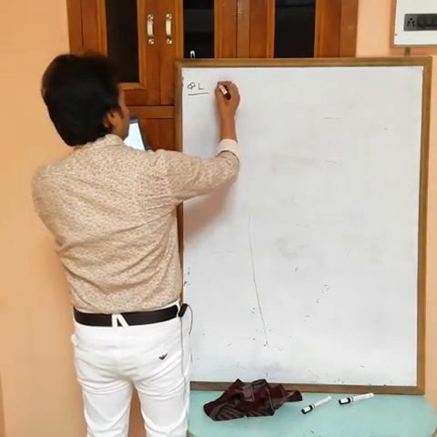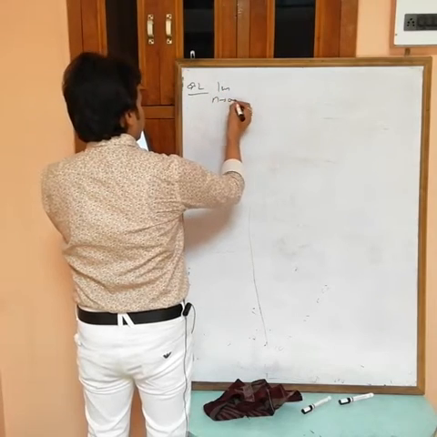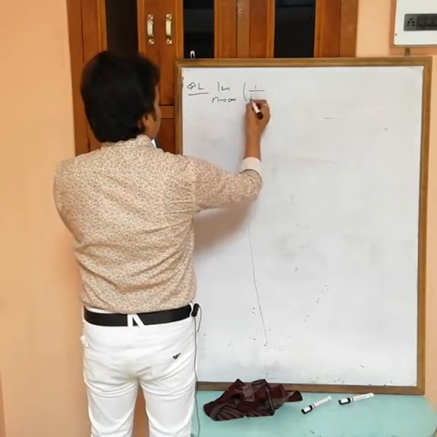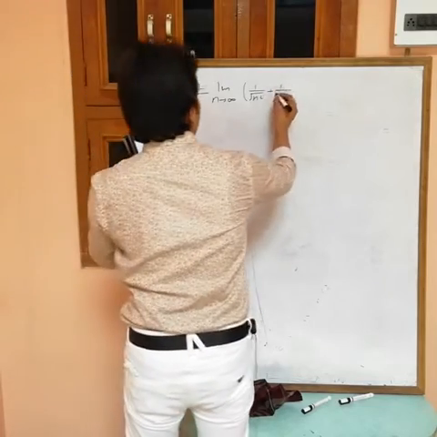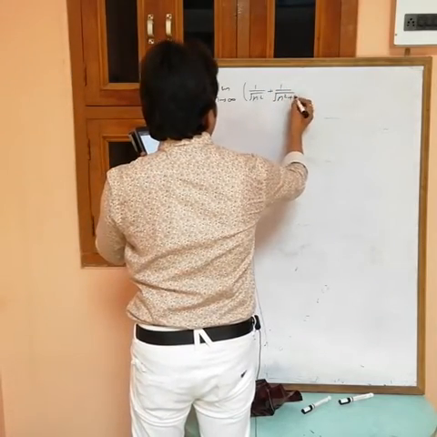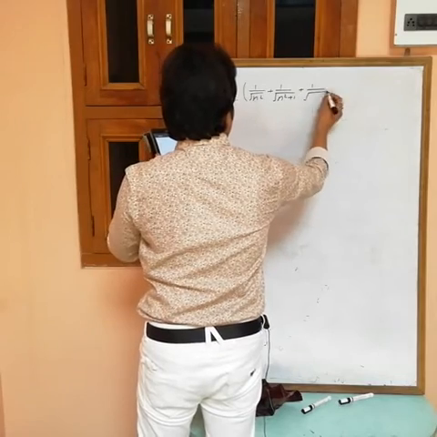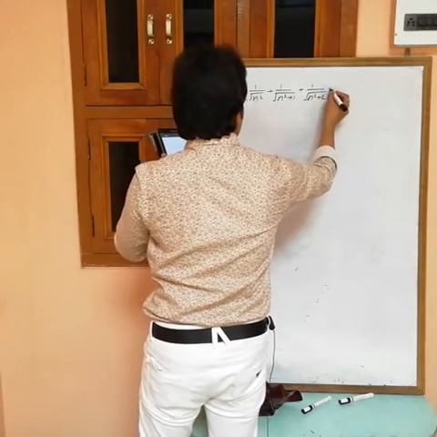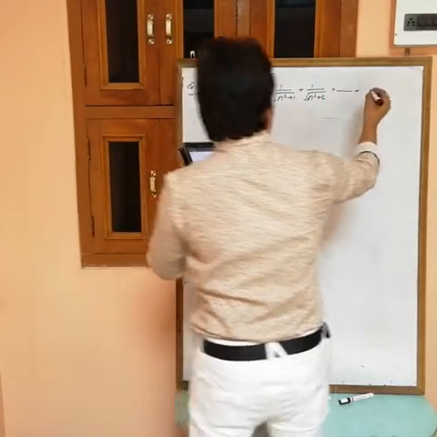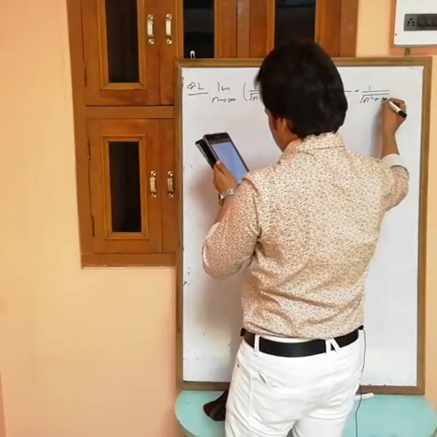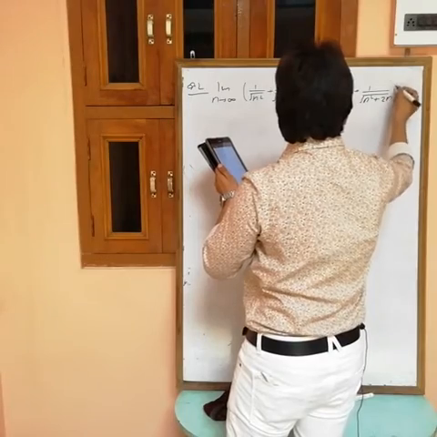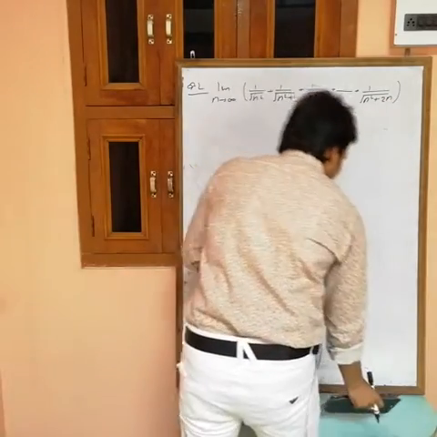Next, limit n tending to infinity of 1 by root over n square plus 1 by root over n square plus 1 plus 1 by root over n square plus 2 plus ... plus 1 by root over n square plus 2n. Okay, you want the value of this one.